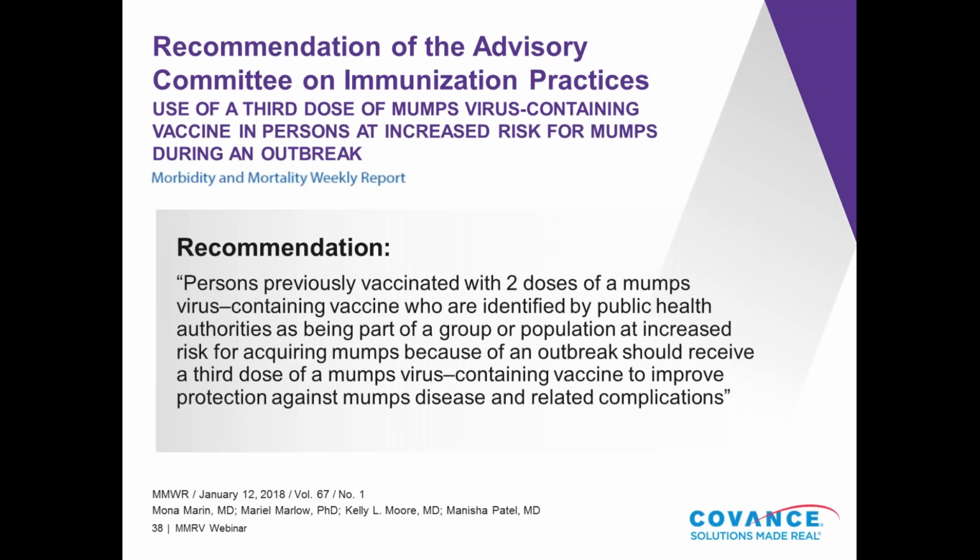have led to a change in the ACIP recommendation that was published in January this year. The current routine recommendation for 2 doses of MMR vaccine appears to be sufficient for mumps control in the general population, but insufficient for preventing mumps outbreaks in prolonged close contact settings, even where coverage with 2 doses of MMR vaccine is high.